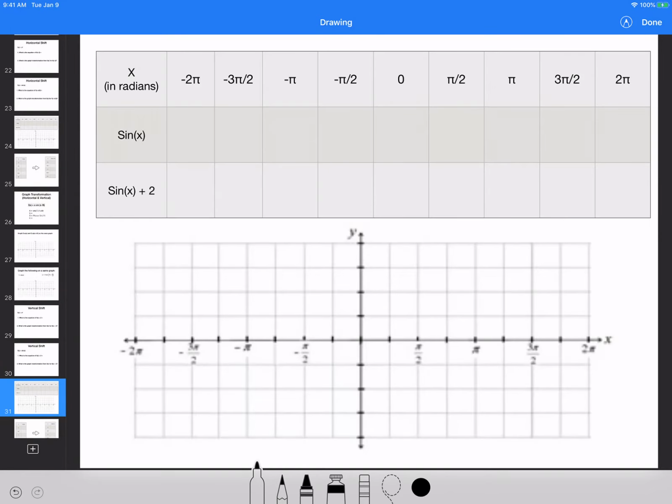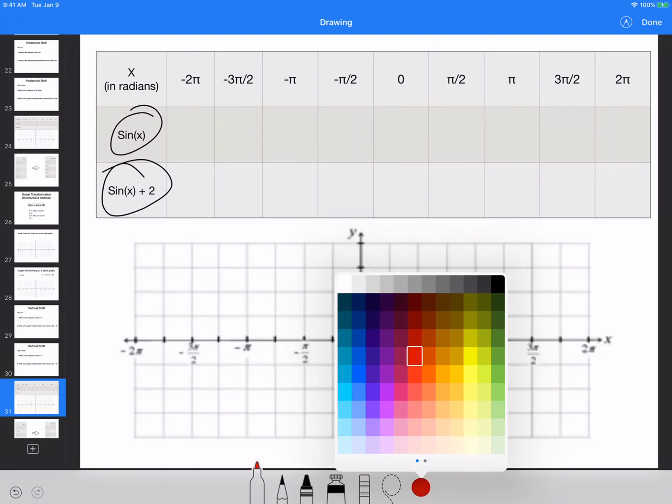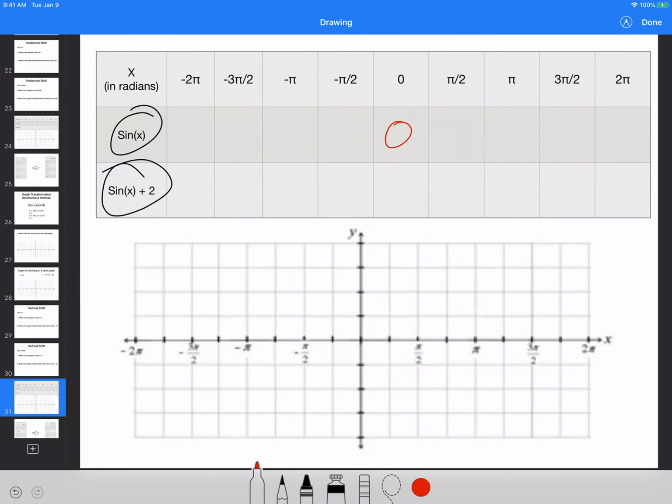So for example, let's say I give you sine of x versus sine of x plus 2. When we have sine of x from yesterday, the wave starts from 0, and then it goes 1, 0, negative 1, 0, and then the other way would be negative 1, 0, 1, 0. And so the wave will look like this.